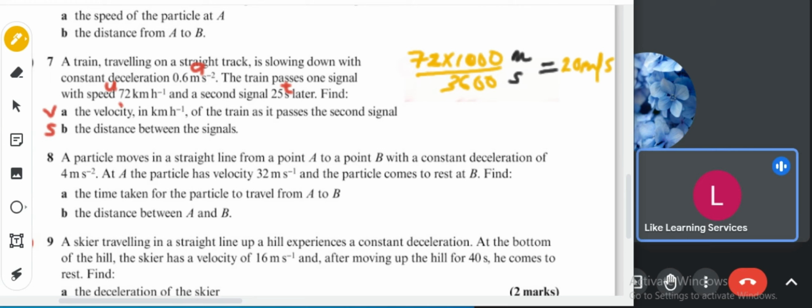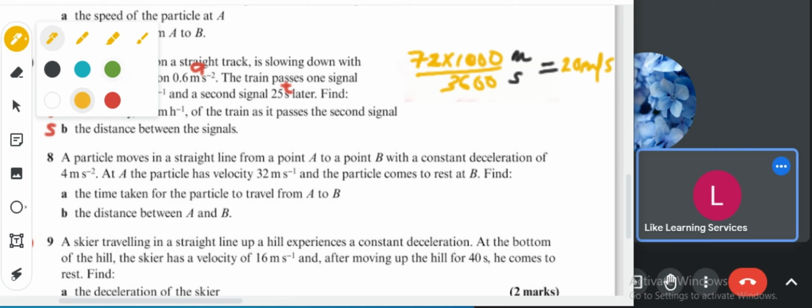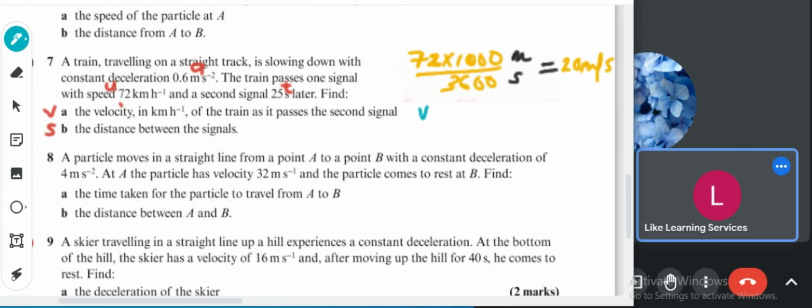So we can find the final speed. For this one, what do we do? V, U, A, and T are all given. So we use V equals U plus AT. After that, we convert to kilometer per hour. How do you convert meter per second to kilometer per hour?